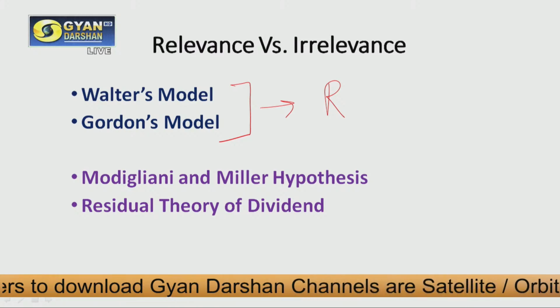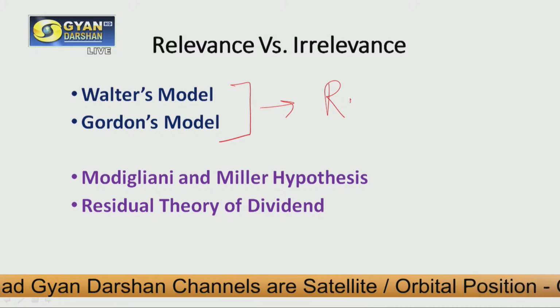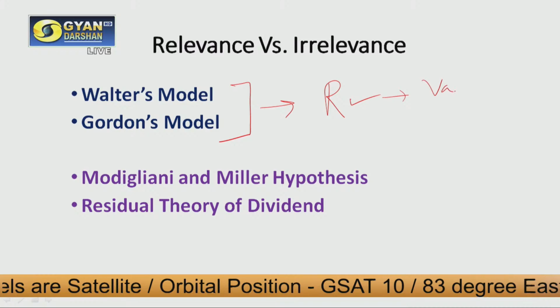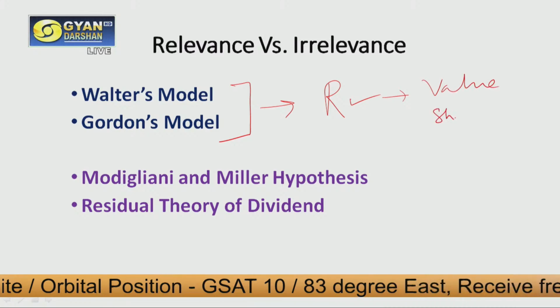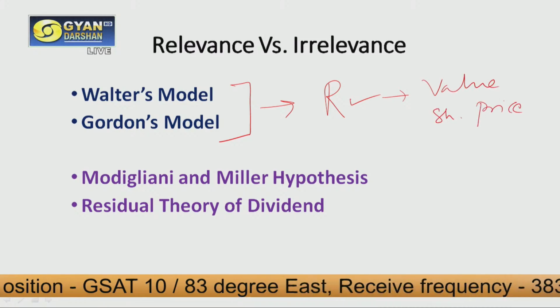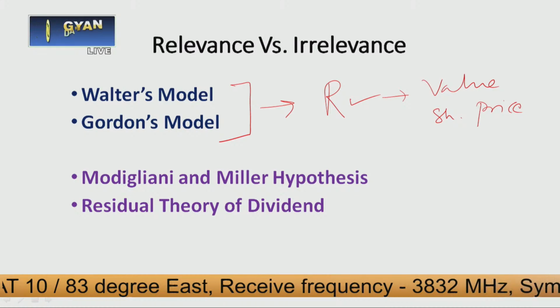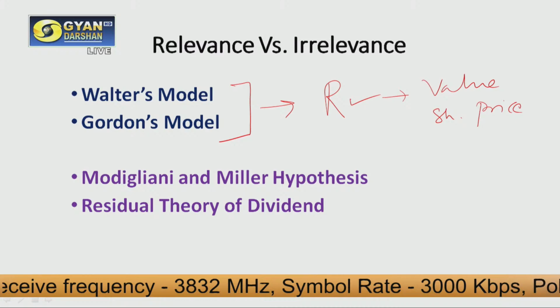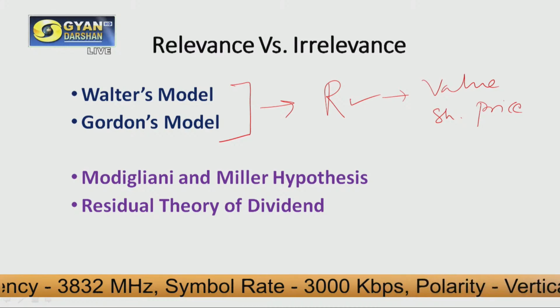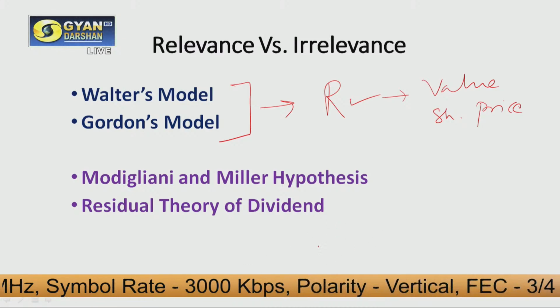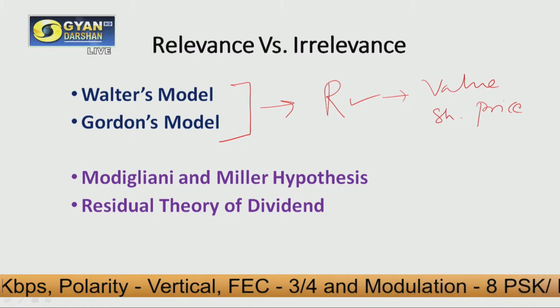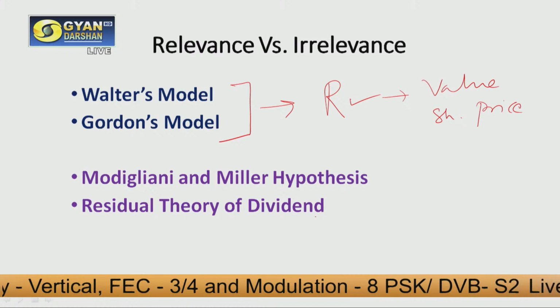Relevance means these models say that dividend decisions impact the value of the firm and share price. So our share price is impacted by these kinds of dividend decisions, so we need to be careful while taking these decisions. On the other hand, we have 2 models, that is the Modigliani-Miller model, or we may call it the Modigliani-Miller hypothesis, and the residual theory dividend model.